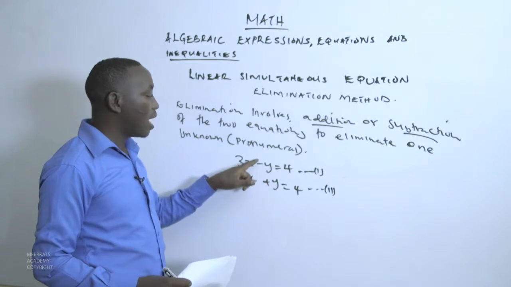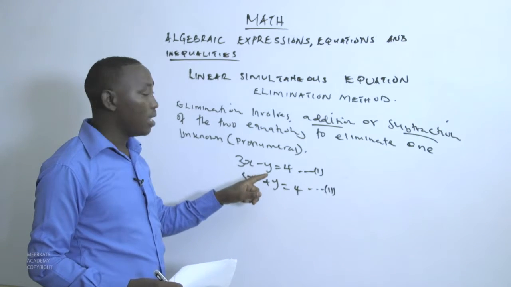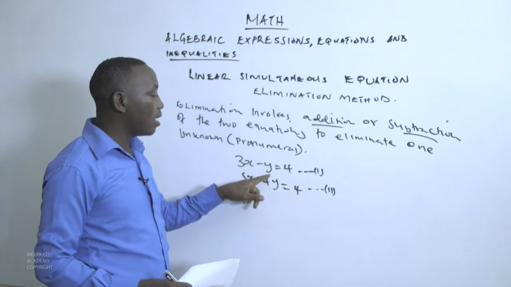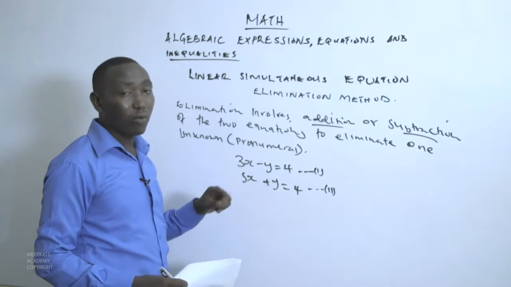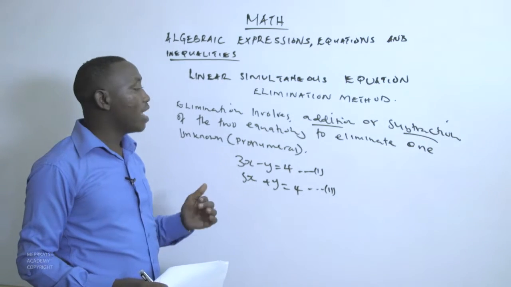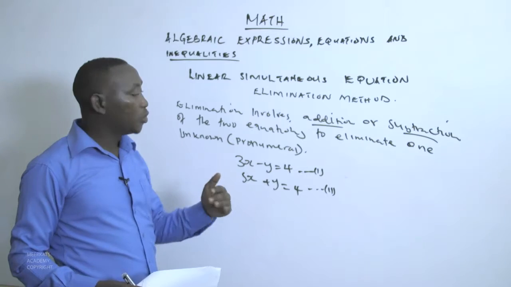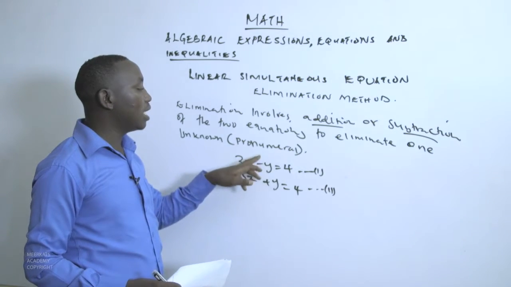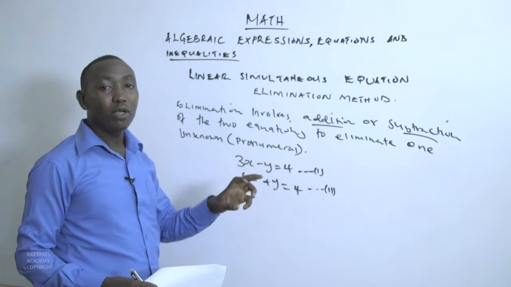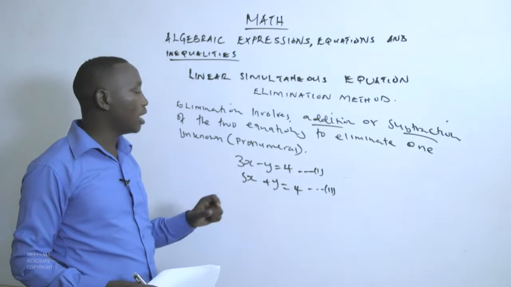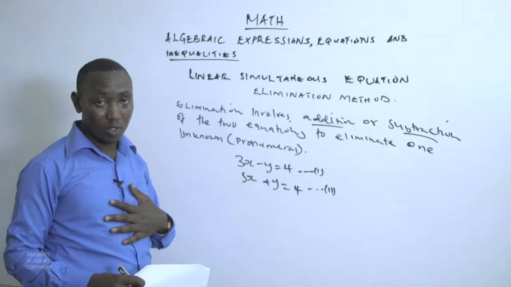For the second pronumeral, y, the coefficient of y in the first and second equation is 1. Therefore, it is much easier to eliminate y because it has the same coefficient in both equations.